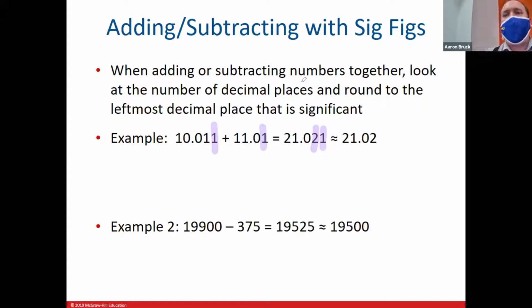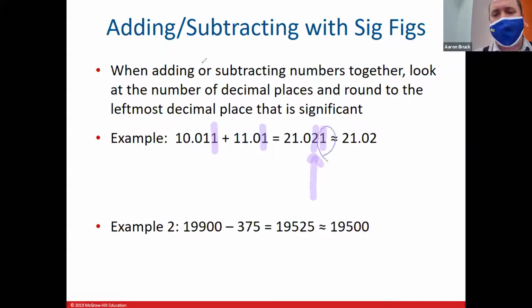Since I can only ever have one uncertain digit, I'm going to round to the decimal place that eliminates all of the other uncertain digits as it rounds, which would be the leftmost place. And here's where my rounding rules come in.